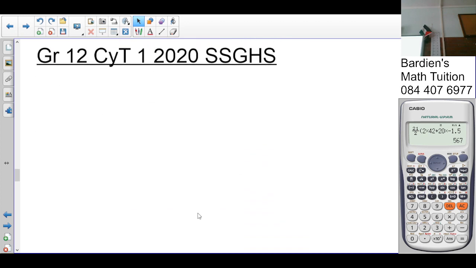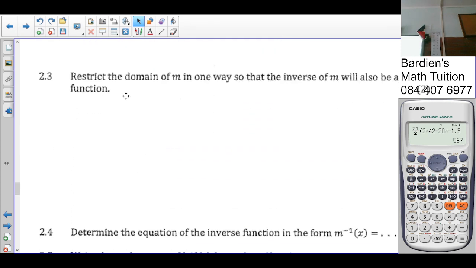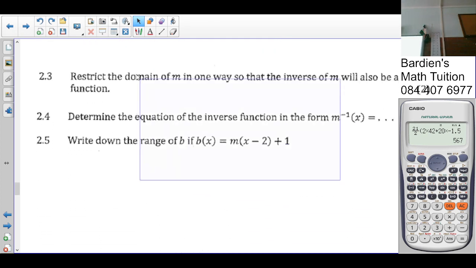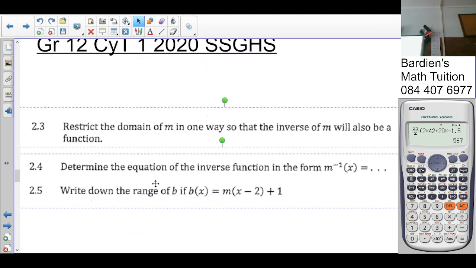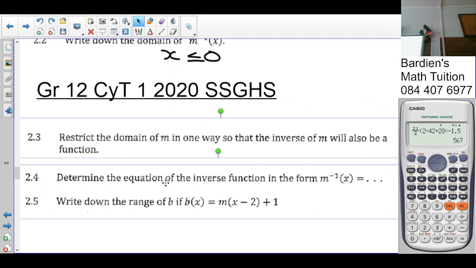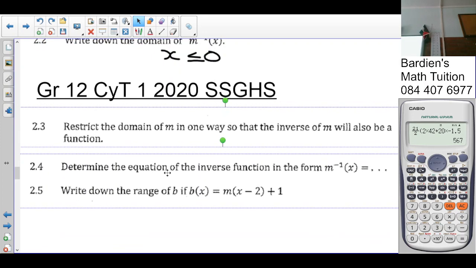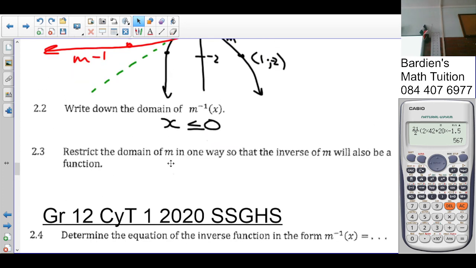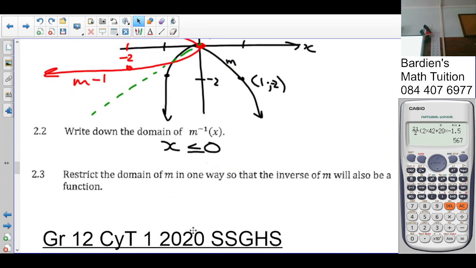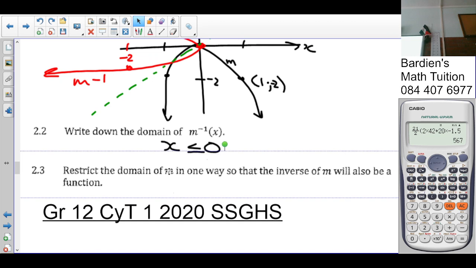In 2.3, the question says, restrict the domain of m in one way so that the inverse of m will be a function. The paper will be found in the description box below. I'll put the link to this paper in the description box.